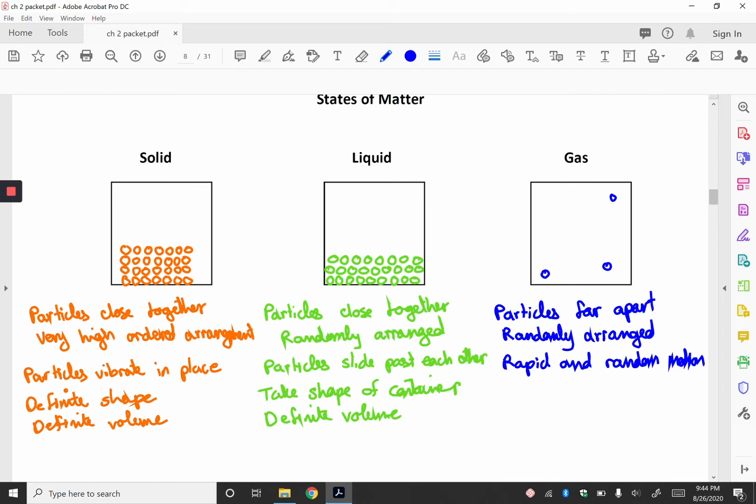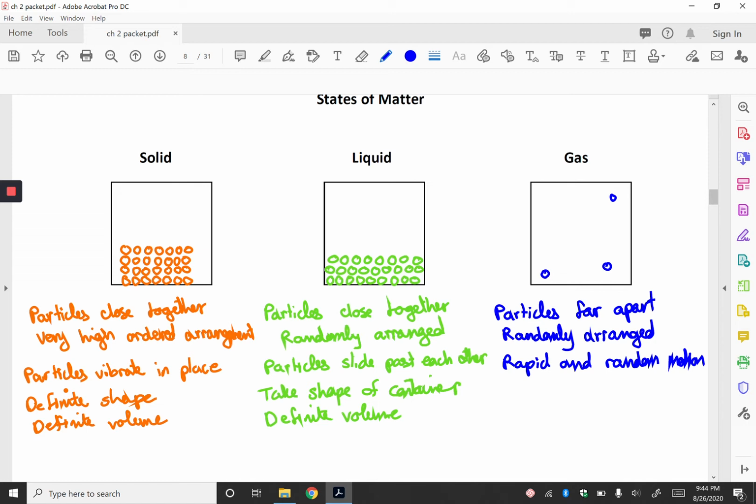If you are in your car, you are going fast, you are going randomly, you hit each other, you hit the walls. That's what gases do. They move very fast, they move very randomly, they're hitting each other all the time, they're hitting the walls of the container, and so they're going crazy.